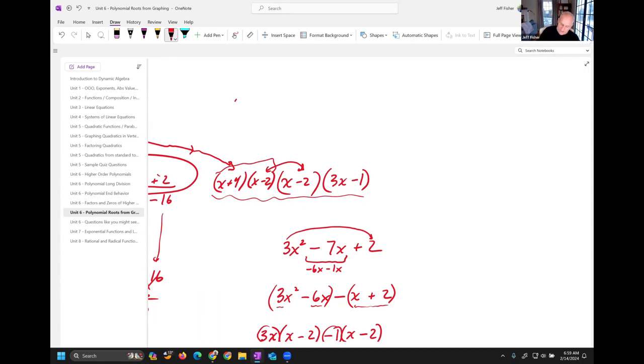So this is x plus 4 equals 0. x minus 2 equals 0. We're just setting the whole polynomial equal to 0 and finding our roots.